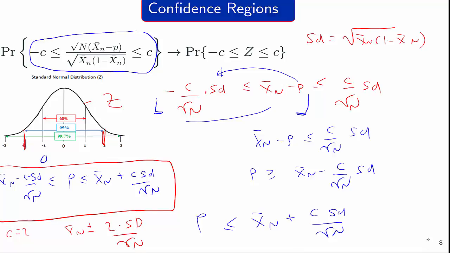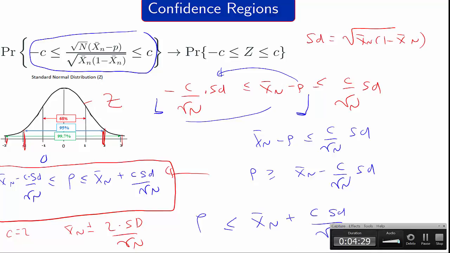What probability do we want the range to include p? 95 or 99%? If you wanted a 99% range, we choose c equals 3, and so on. So we now know that the probability that p lies between this upper and lower bound is 95%, and we can form a confidence region.